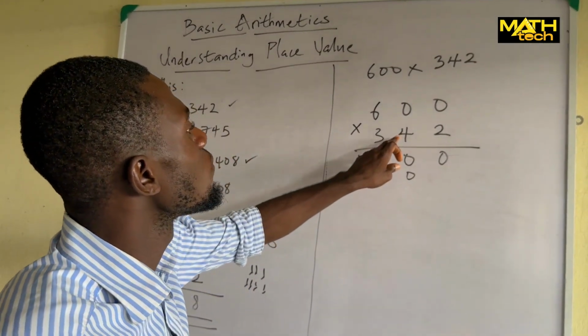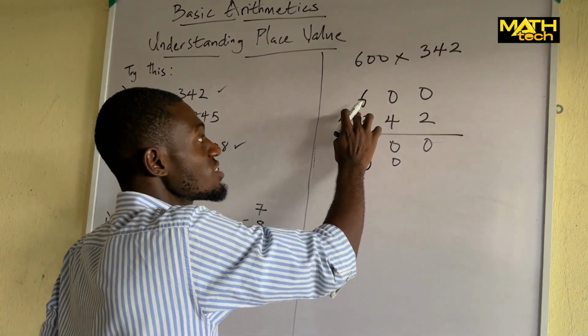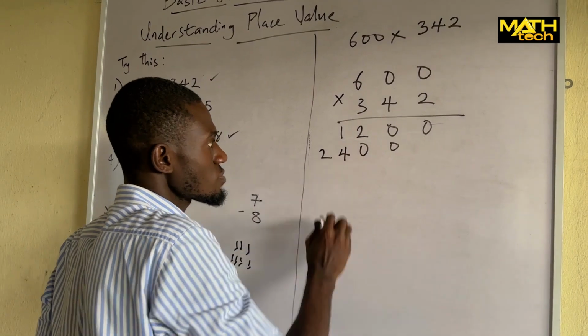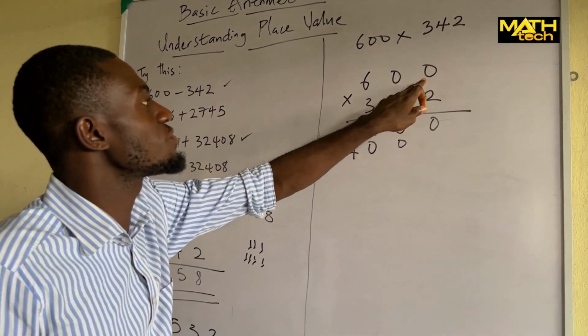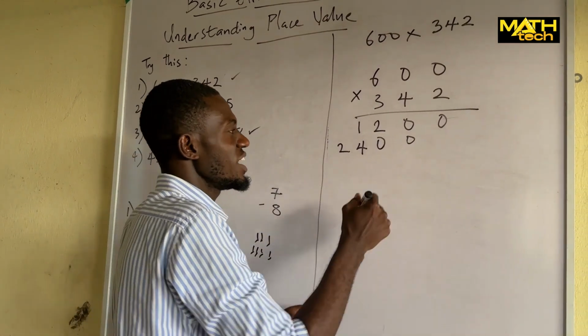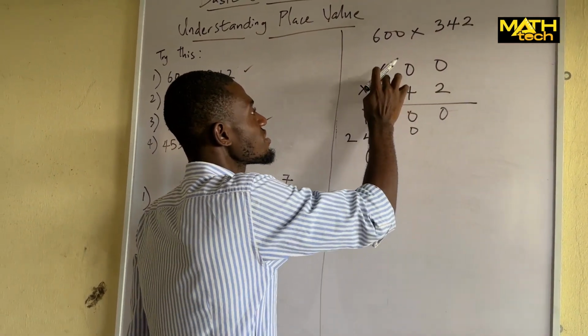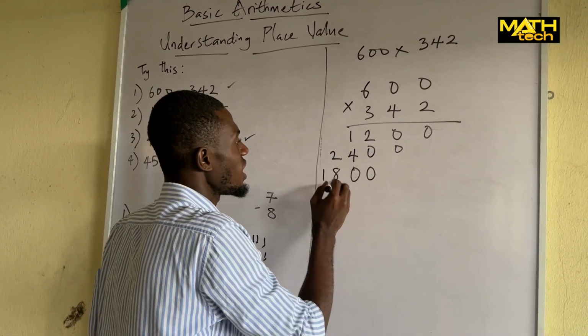And 4 times 0 again gives us what? 0, so it continues. And 4 times 6 gives us what? 24. So now we are going with 3. 3 times 0 gives us what? 0. It comes down here. 3 times 0 gives us what? 0. And 3 times 6 gives us what? 18. So write 8, 1.